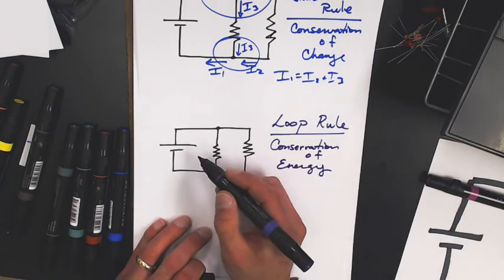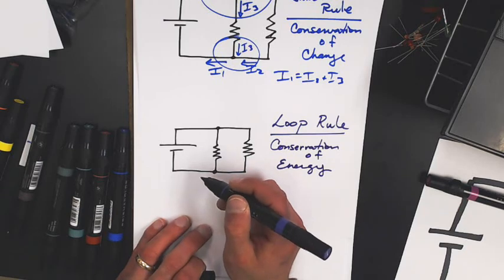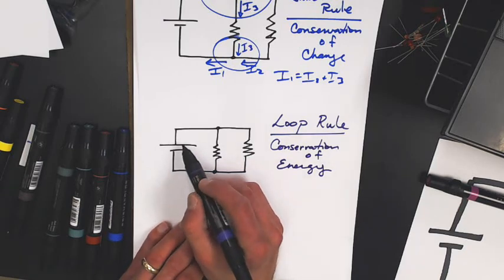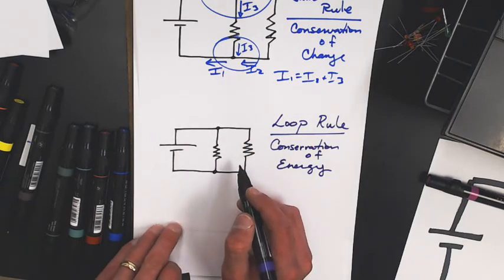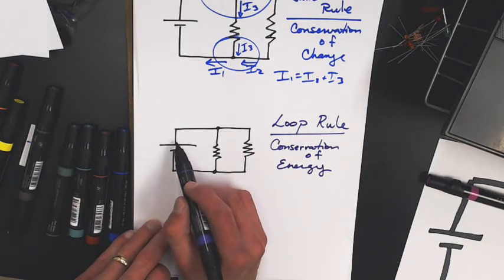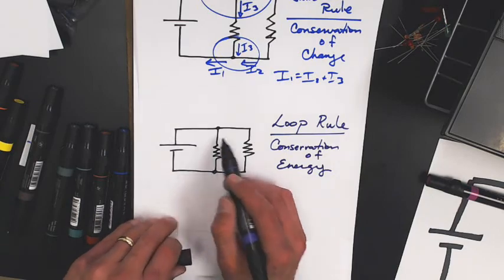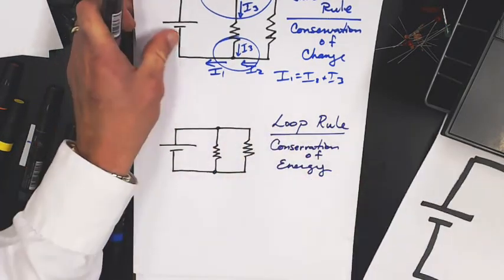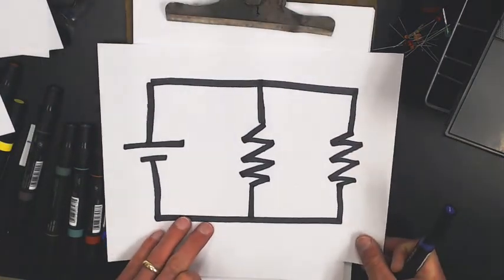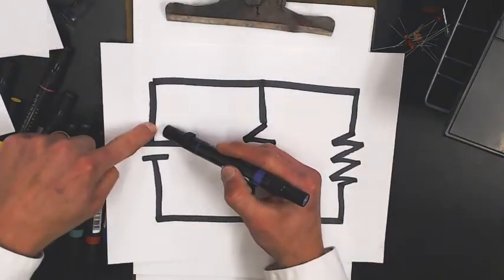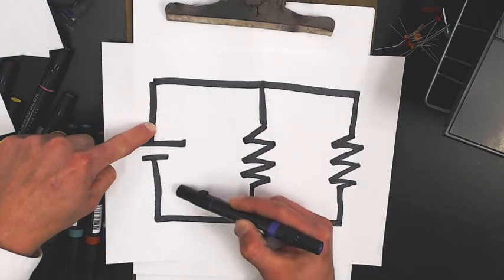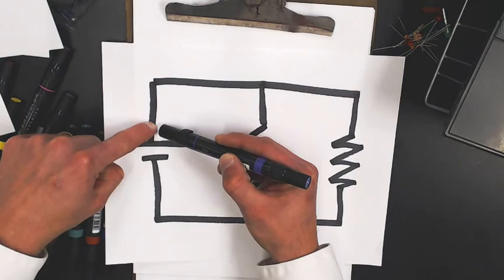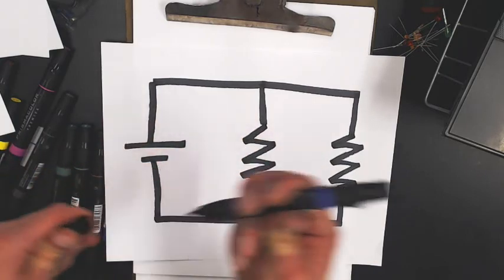So when I start on one side of the circuit and I do a complete loop. So I start here. Well, here, this is too small. Let's go somewhere else. Let's zoom in on this. Here we go. So when I start here and work my way around and come back around, when I come back to that point, all of the voltages are the same.